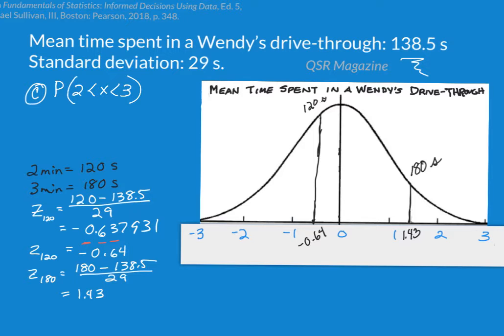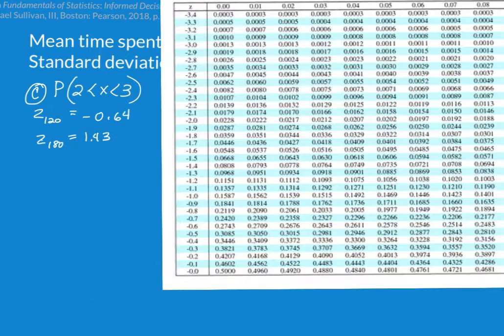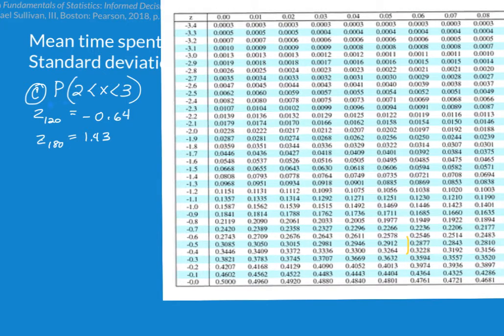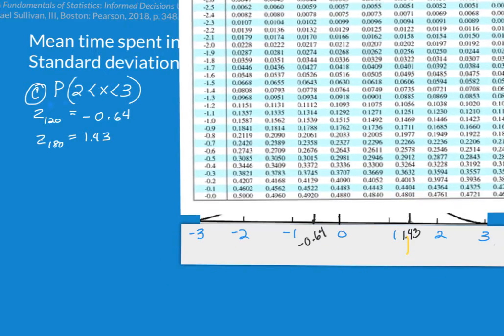And let me clean up a little bit more, get this out of the way. I think you know that conversion. We don't need to have that there. What we do need to keep are both of the z-scores, though. Our first z-score is negative 0.64. So to find negative 0.64, I have to go lower down here.